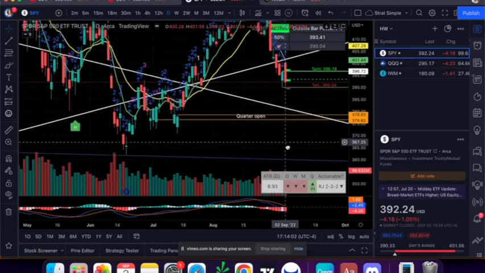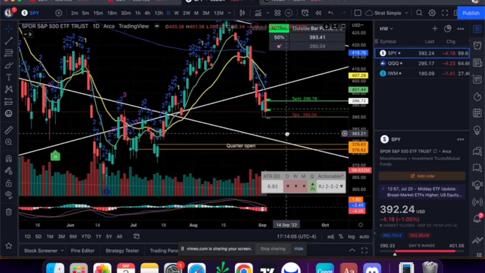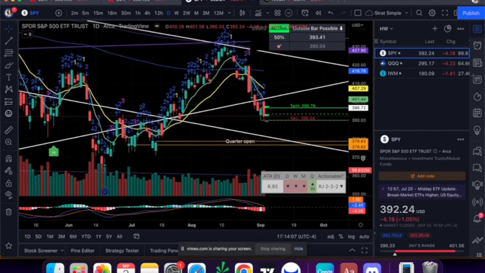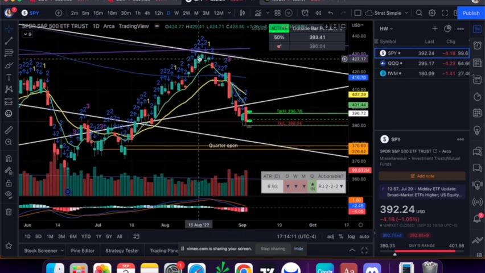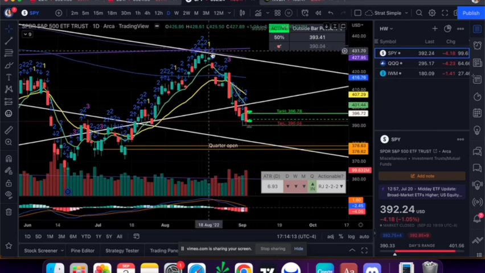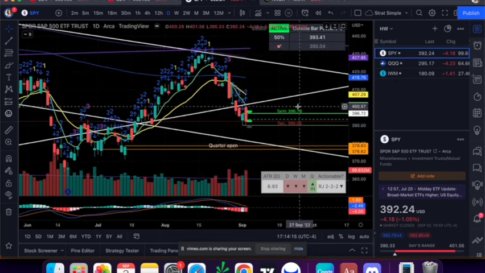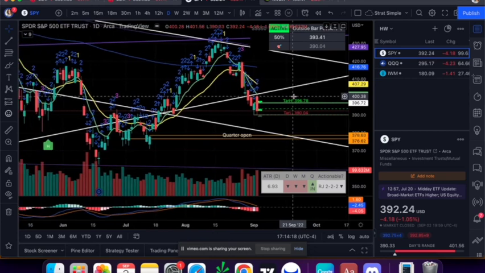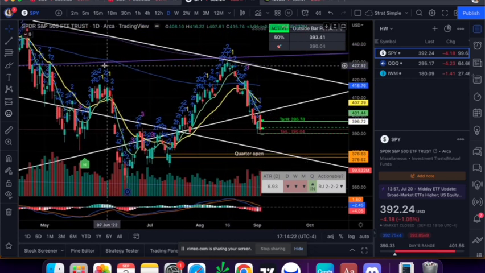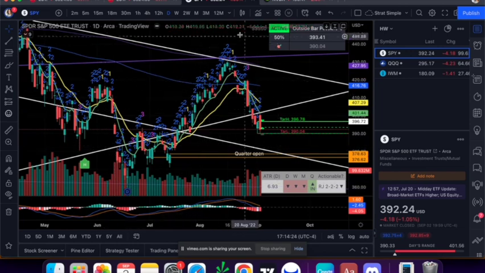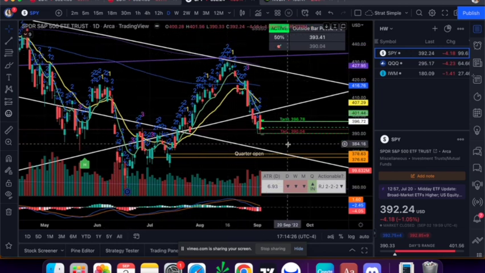One thing I also want to point out: we've been talking about this head and shoulders and how it played out. When you zoom out, there is a bigger inverse head and shoulders here that will only invalidate if it breaks this 380.